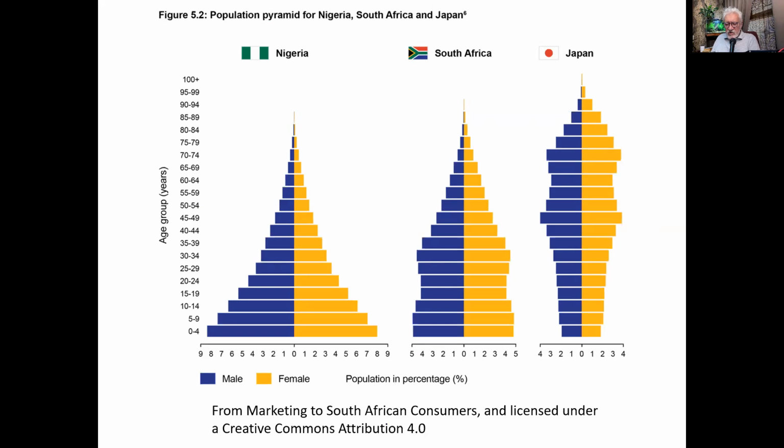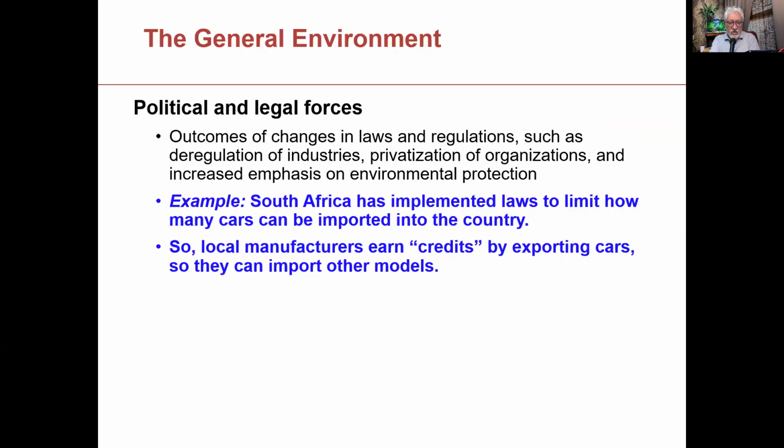If there aren't jobs available, if we are not crafting businesses which create job opportunities, then all we're going to have is a very large population of young people who are angry at not being able to find work and live their best lives. So let's move on from that depressing talk and simply address with you the notion of political and legal forces.